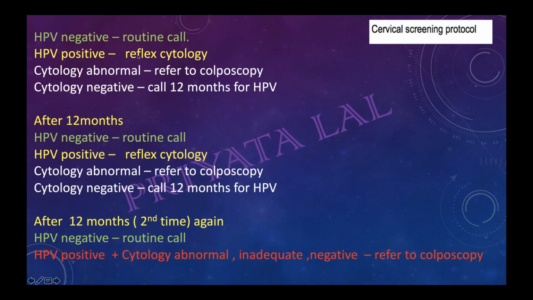So now you will do reflex cytology. If the cytology has come low grade or negative, you are not worried about it. In that situation you will say, okay, please come after 12 months, a year's time, and we will do your testing again. But if your cytology has come abnormal, in that situation you have to refer this patient for colposcopy, because HPV was positive and cytology is abnormal.